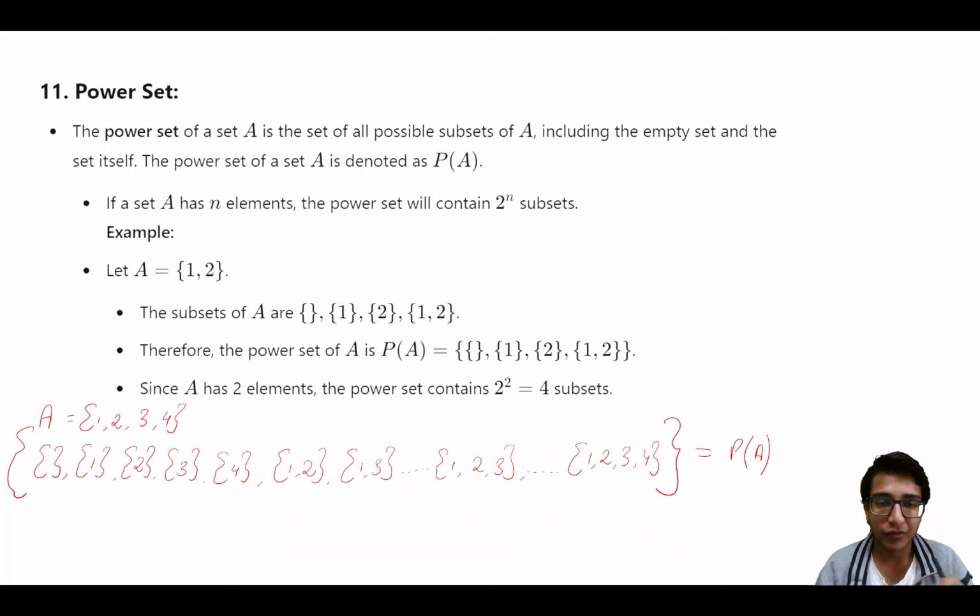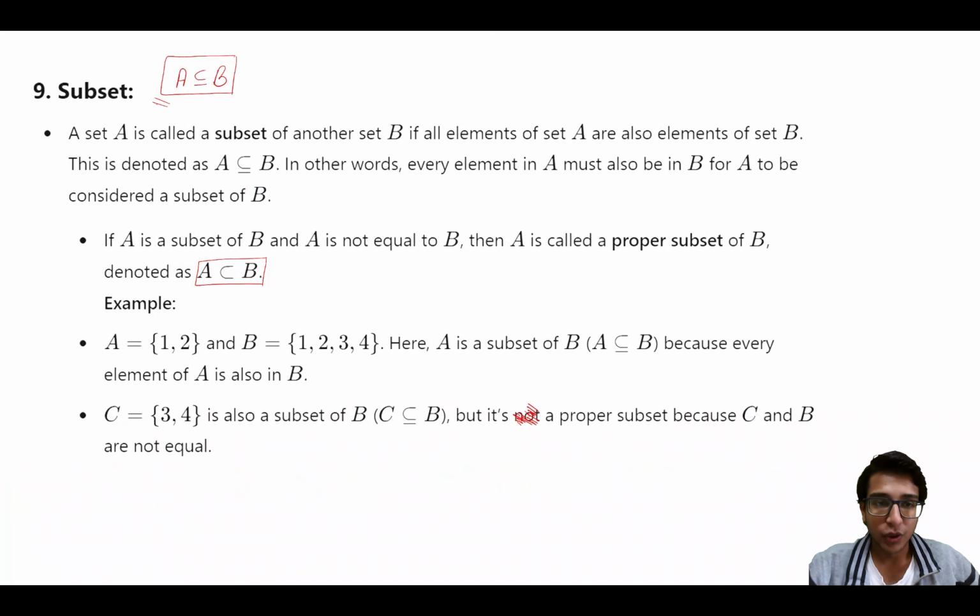Now before we move into a few more things, let me give you a few more information about subsets. These are important points that you need to remember. Every set is a subset of itself.